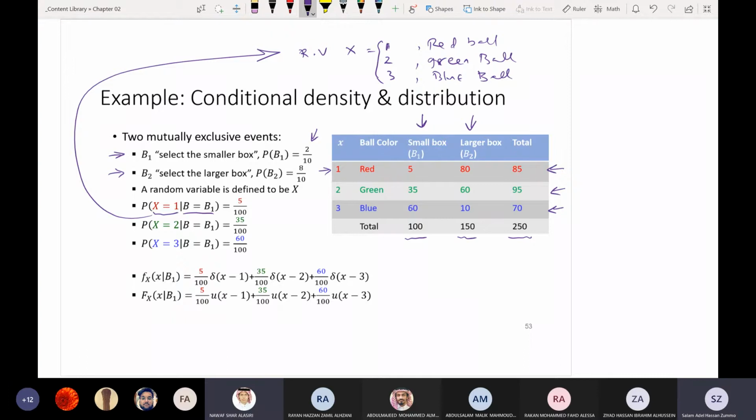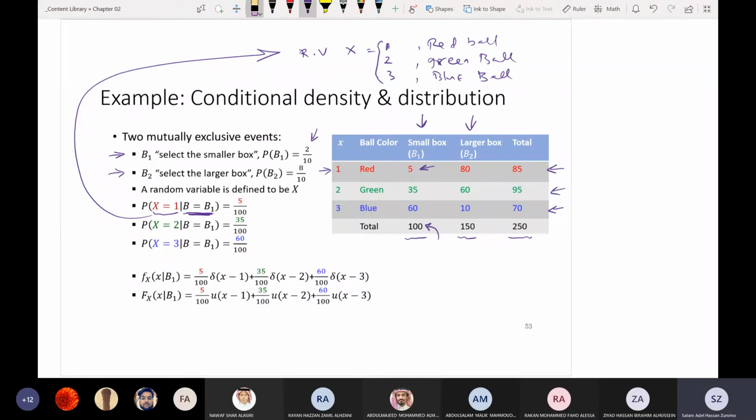5 over 100. Why? Because I have 5 red balls out of 100 balls in box number 1. Why am I dividing by 100? Because it's given that I selected box number 1. It has already happened. Already I know that it's box number 1. Now, given that, how many red balls in box number 1 divided by the total number of balls in box number 1, which is 5 over 100.